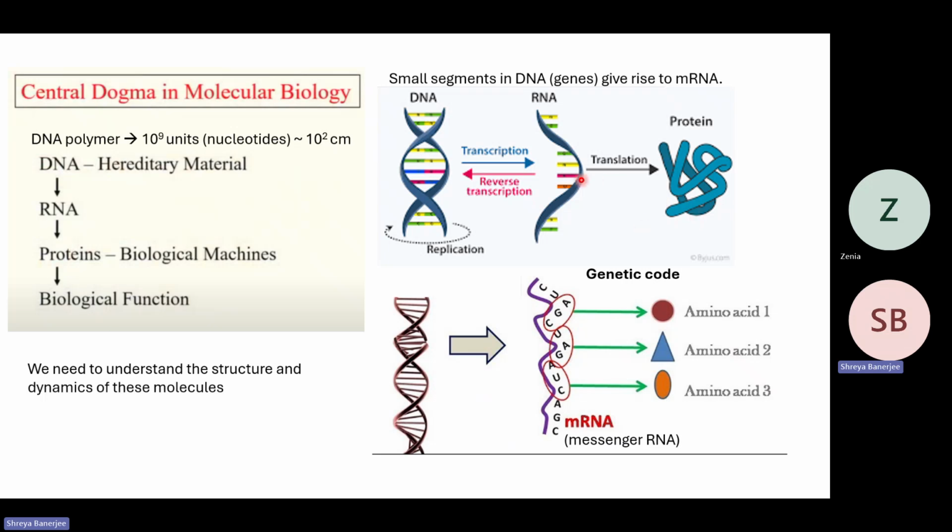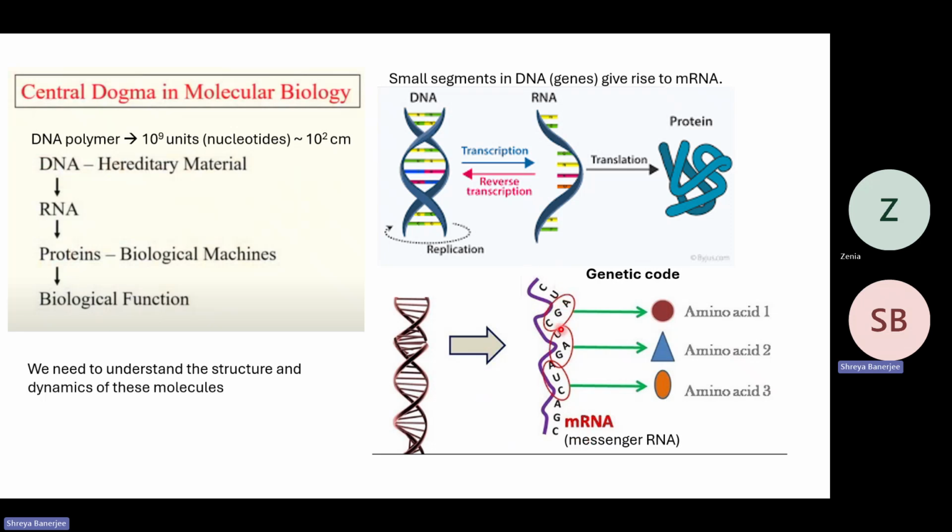So the basic concept of translation is that RNA, you can imagine it as a single stranded DNA, and instead of thymine, again, we look into the bases in the coming slides, one of the bases is changed, like instead of thymine, you have uracil. We look into this more eventually.